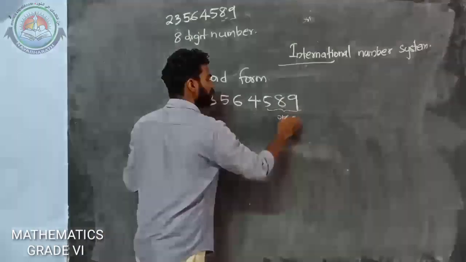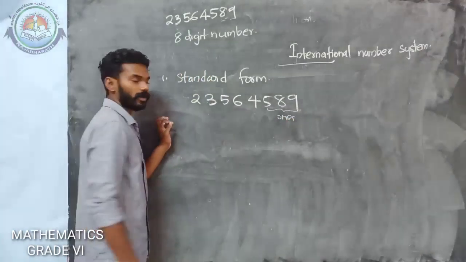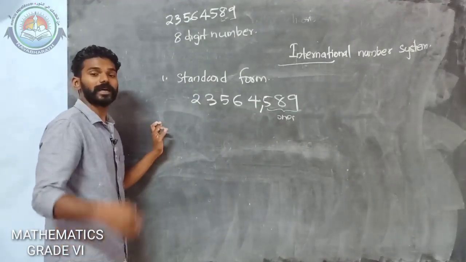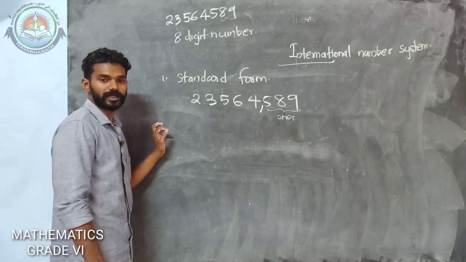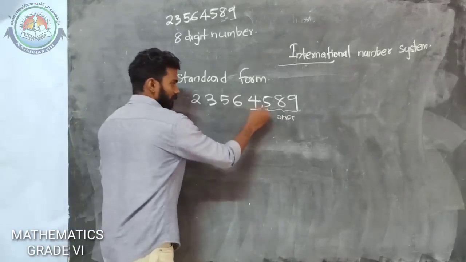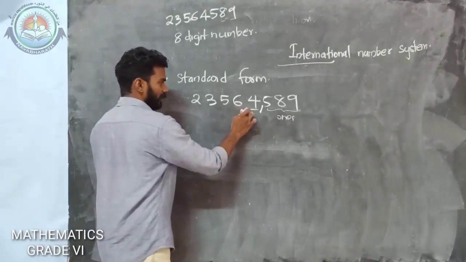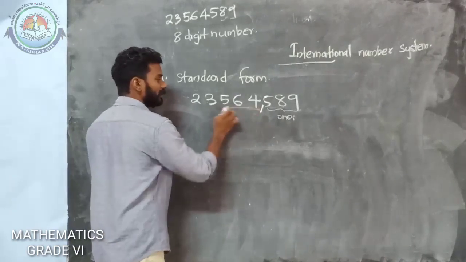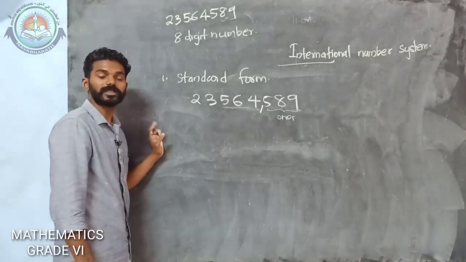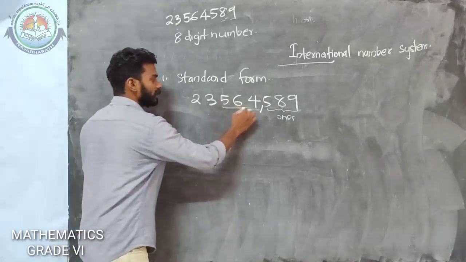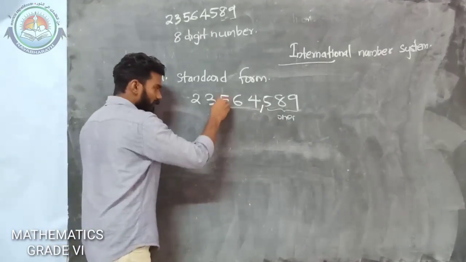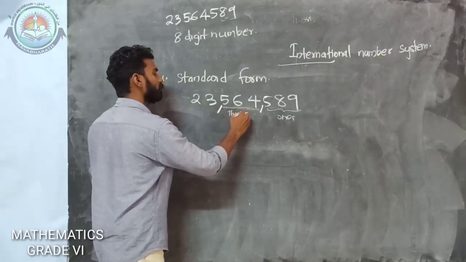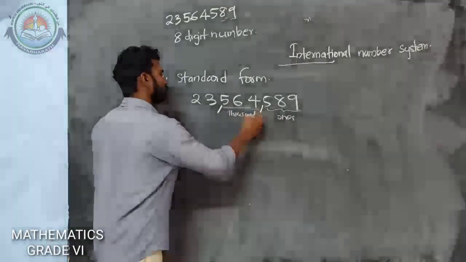Period of ones. So after that you can put a comma. Thereafter the period of thousands comes. 1000, 10,000, 100,000. There are 3 digits in the thousands period. So after 3 digits you can put again a comma.